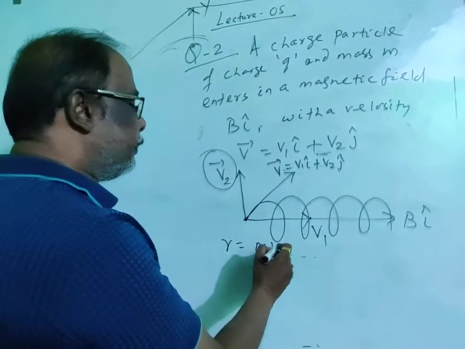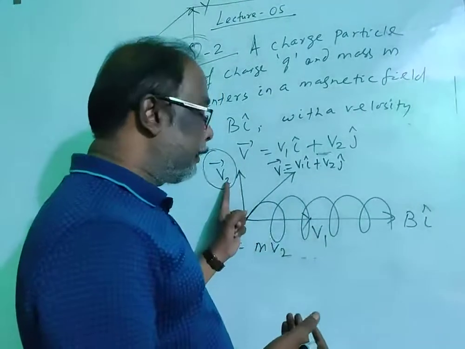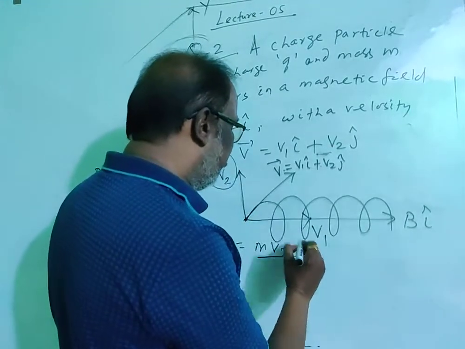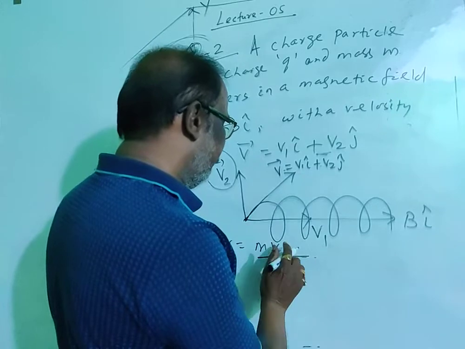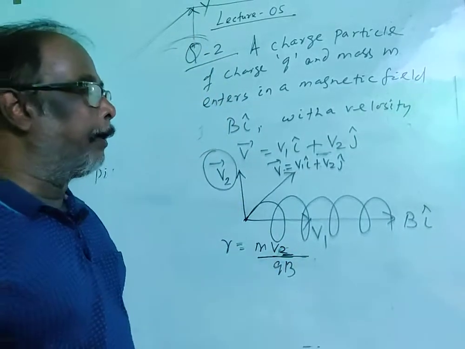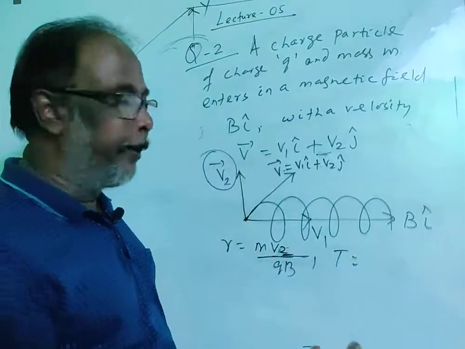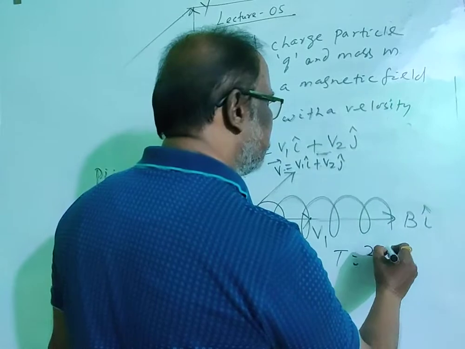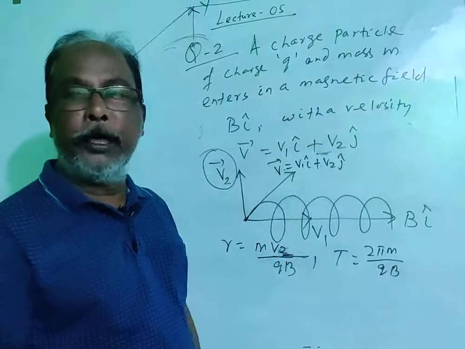In place of v we were taking v sin theta, but here it is v2. And the time period may be asked. The time period is 2 pi m by qB. There will be no change in time period.